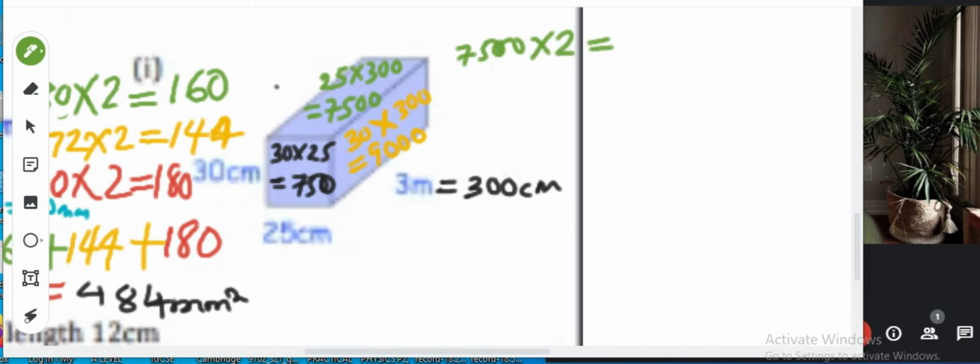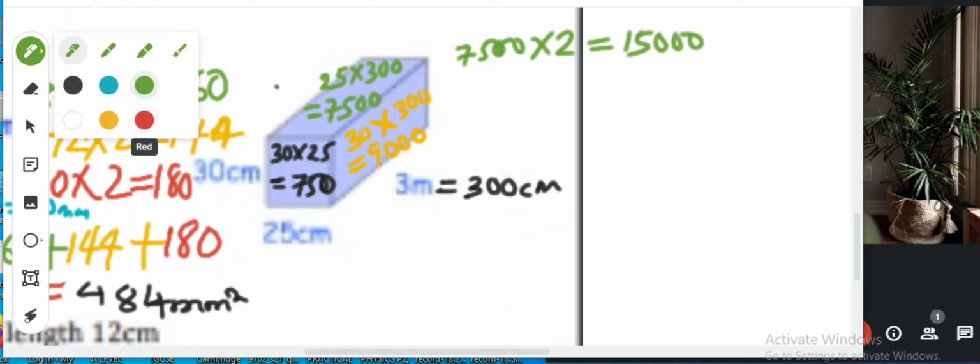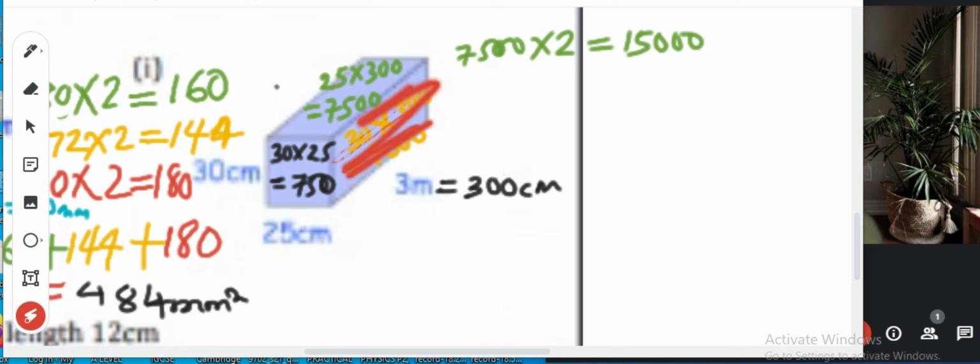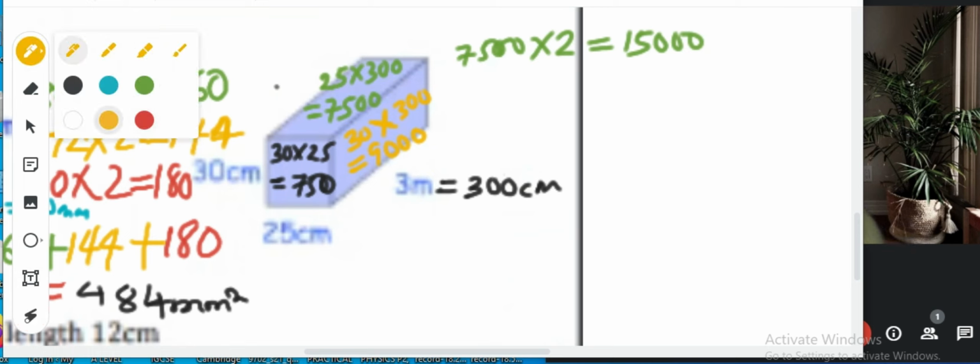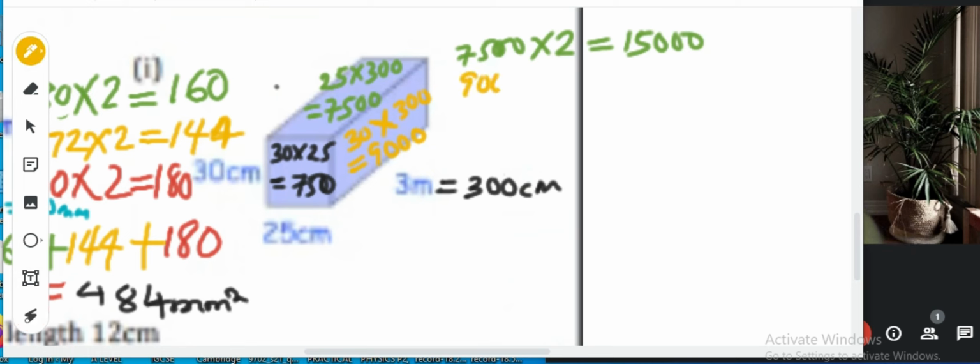I think that should give us 15,000. Then we work with the one at the side, which is this. It has a double too. That's 9,000 times 2. That's 18,000.